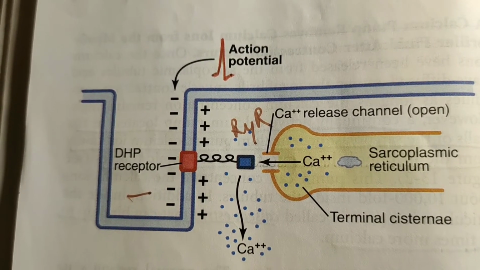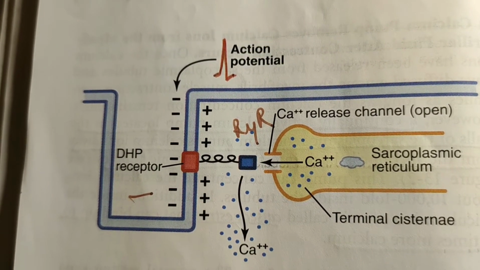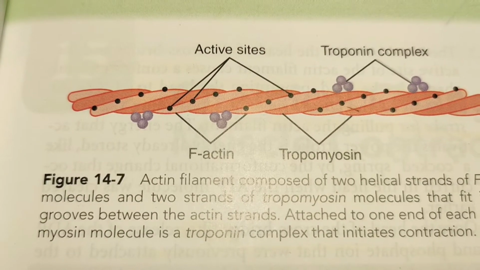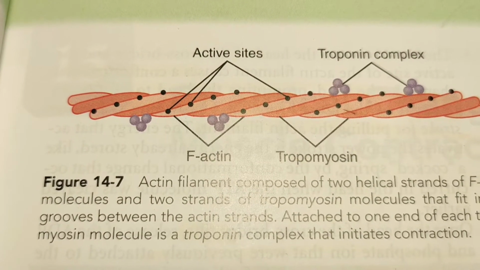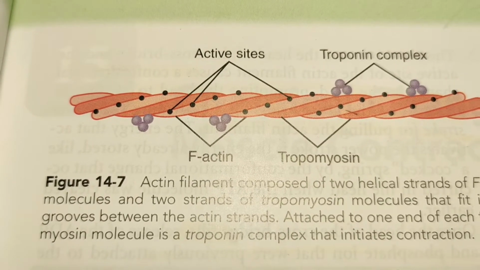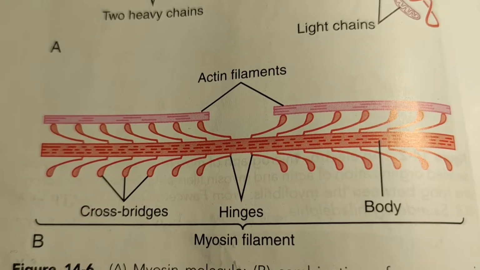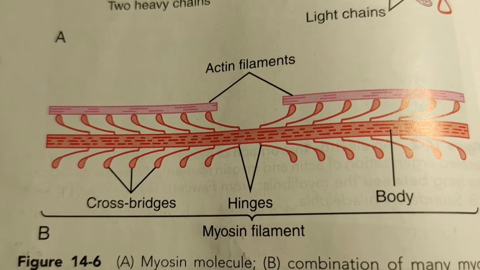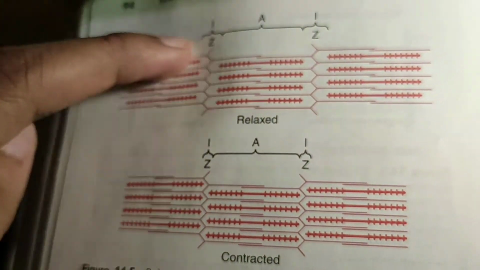Its duty was to cover the active sites of the actin filament, so here it moves and the active sites are open now. On these active sites, the myosin heads will attach, the sliding and power stroke will occur, and it will move the Z lines closer.